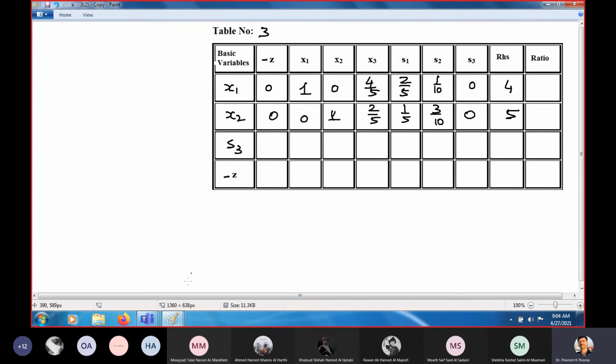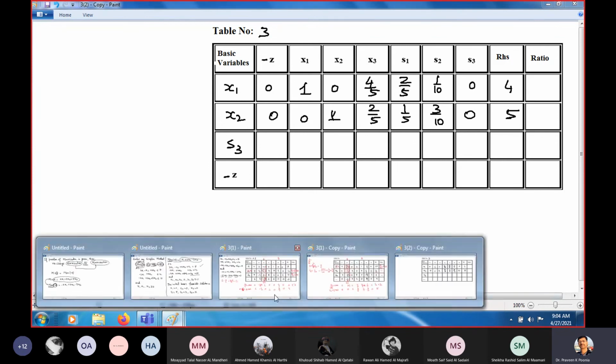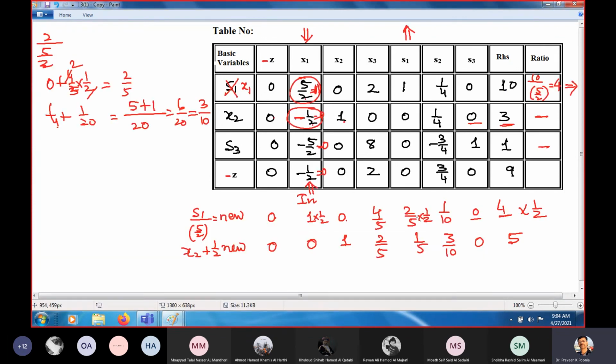Now S3. If you see S3, here these two are same to same. Because these are 5 by 2 and minus 5 by 2, you can add directly S3 plus X1. Because X1 is what?